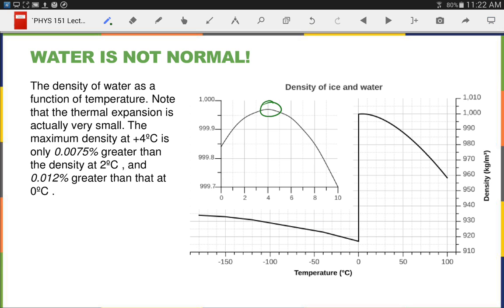Then the next one, the really big surprise, is when water freezes, the density drops pretty significantly, from about 1,000 kilograms per meter cubed to about 916 kilograms per meter cubed. That's a pretty big drop.